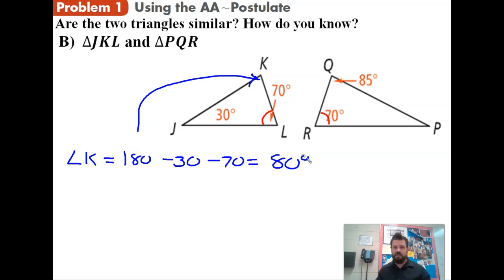That'll give me 80 degrees for angle K. Now that doesn't match up with angle Q. If I did the same thing for angle P, I'd see it doesn't match with J. So these two triangles don't have congruent angles. Therefore, no, they're not similar to each other. We know similar figures have all corresponding angles congruent. We just showed they're not in this case. So we can't use the angle-angle postulate to say they're similar.